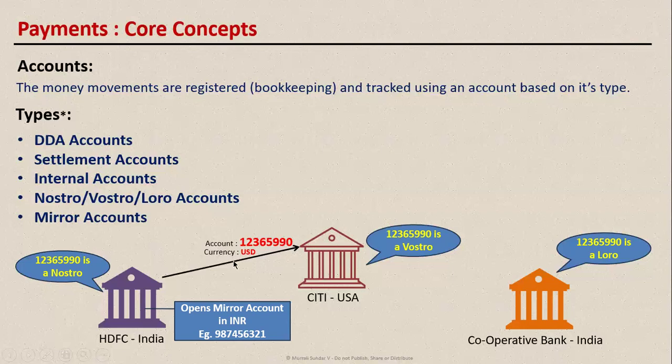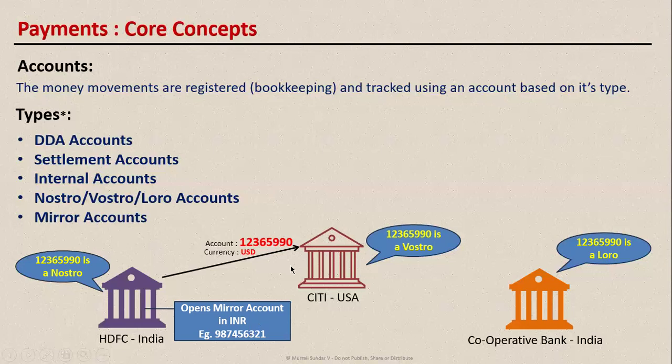For example, now HDFC is instructing Citi to send the money to someone, which means this account is debited. Whenever sending money, the account is debited. Let's say this account is having $1,000. Okay, for easier understanding, it is having $1,000, and I'm saying send $100 to someone. So now it will have $900.